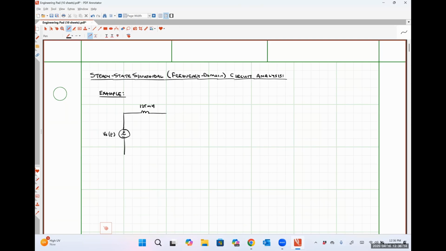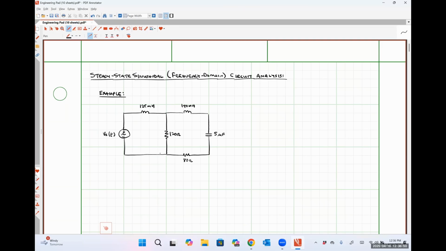Then I have here a 120 ohm resistance. Here is a 140 millihenry inductance in series with a 5 microfarad capacitance in series with an 80 ohm resistance. And I'm going to close this guy off right here.